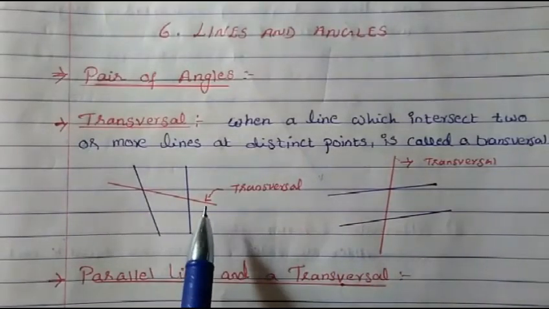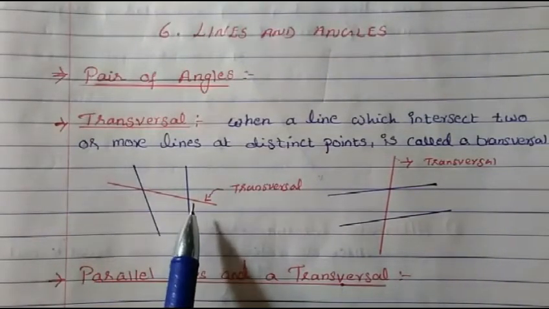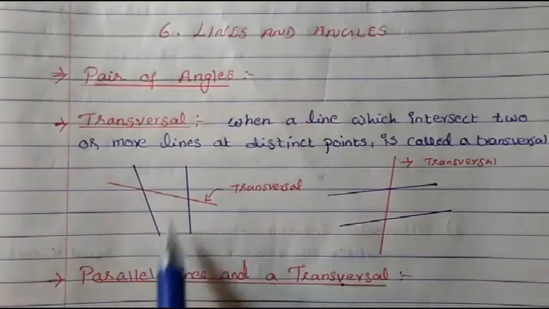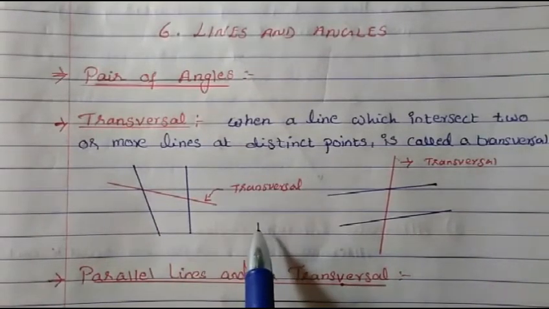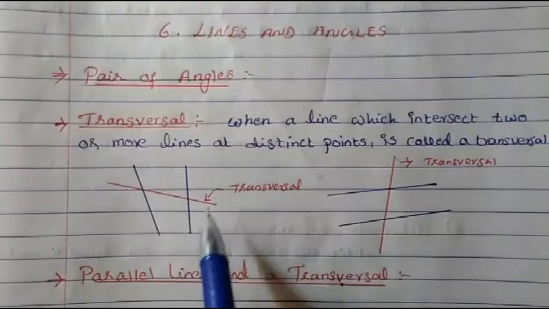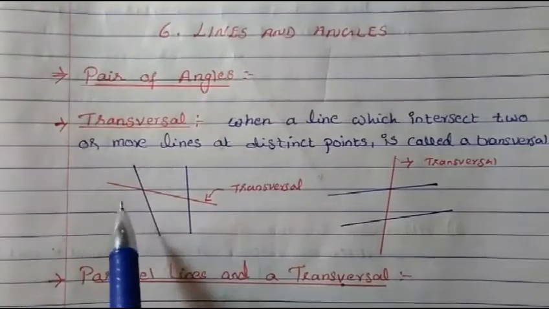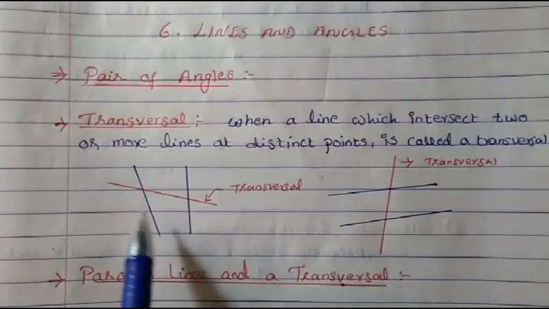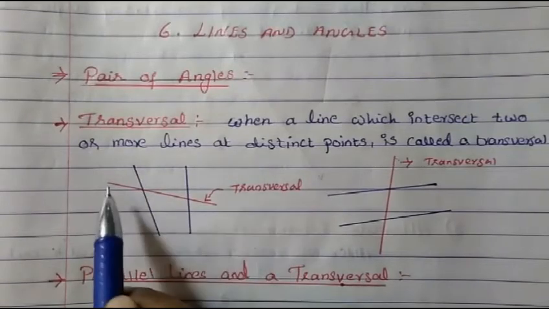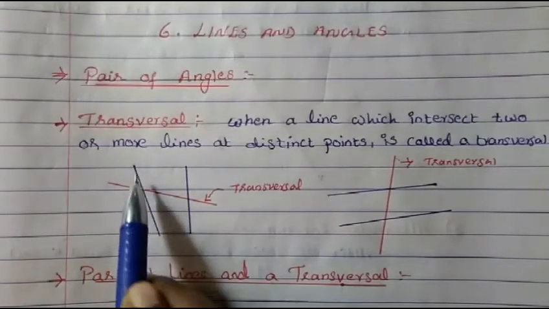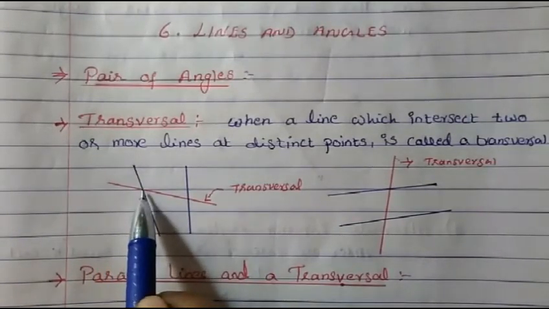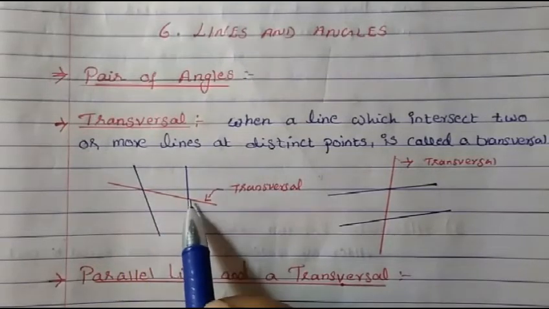So a transversal means a line which will intersect two lines, or it can be more than two. So the blue lines can be two or more than two. But this red line that you see is intersecting at distinct points. It means this red line is crossing the blue line at this point here and the other blue line at this point here.